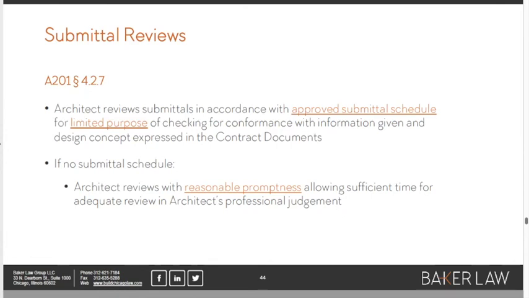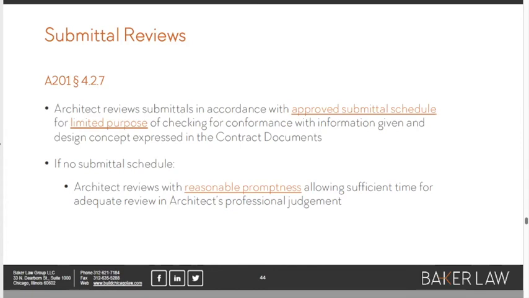But when the architect reviews the submittals in accordance with the approved submittal schedule, meaning something that the architect has agreed to, it does so, and again, this is limiting language, not to ensure that the submittal is perfect, but for the very limited purpose of just checking whether it's consistent with the design intent expressed in the CDs, okay?